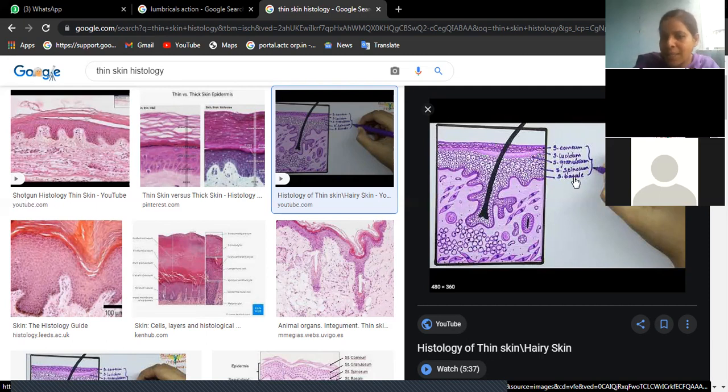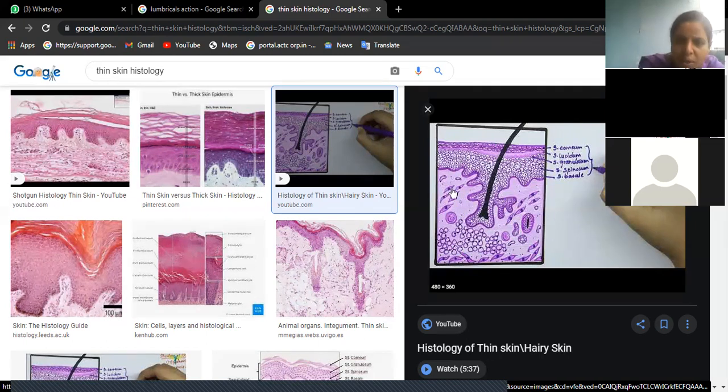This whole thing is epidermis. Below epidermis, you are supposed to show dermis. When you draw dermis, make sure you show one hair follicle. Attached to the hair follicle you are supposed to draw one sebaceous gland, and a lot of sweat glands, and certain smooth muscles, and fat droplets you can draw over here.